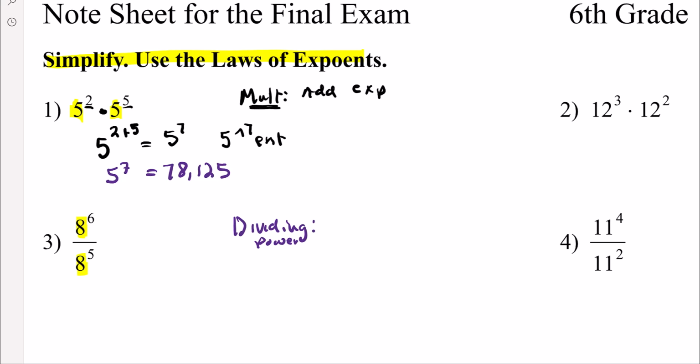The opposite of multiplication is dividing, and the opposite of adding exponents is subtracting exponents. So we can write 8 in the numerator and then take the numerator exponent, subtract the denominator exponent, which is 6 subtract 5 is 1, and 8 to the first is just 8.